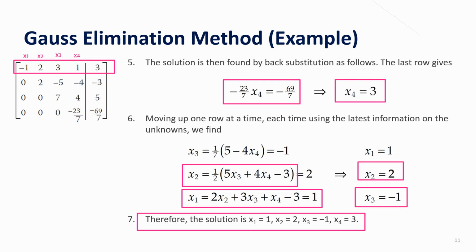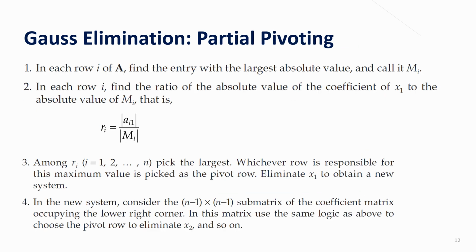Okay, there is another approach that can improve the Gauss eliminations process called partial pivoting. Using this approach, you are able to reduce the number of steps you are using to solve the Gauss eliminations approach. So basically, it's like this.